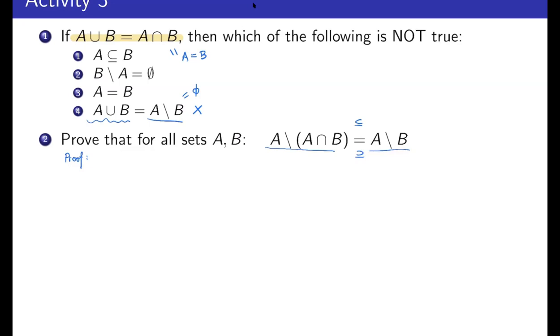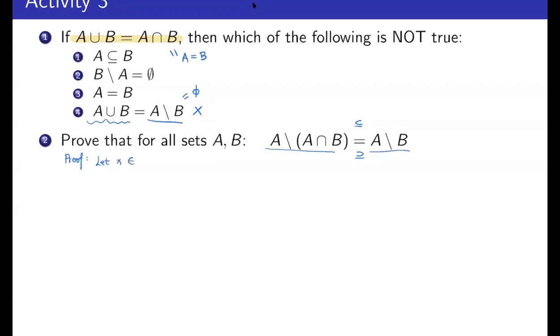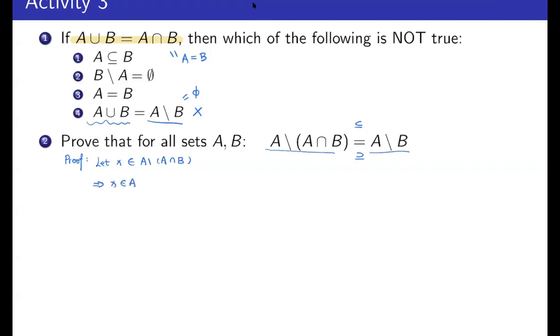Alright, so our first step is to pick an arbitrary element in the first set. This is gonna give us x is in A and x is not in A intersect B.